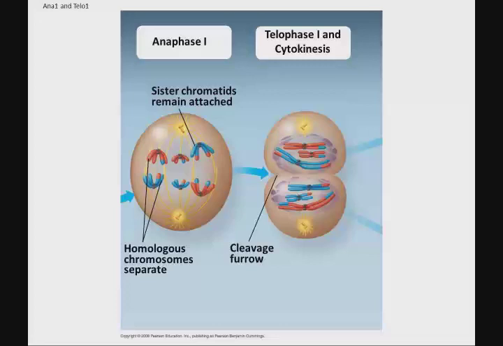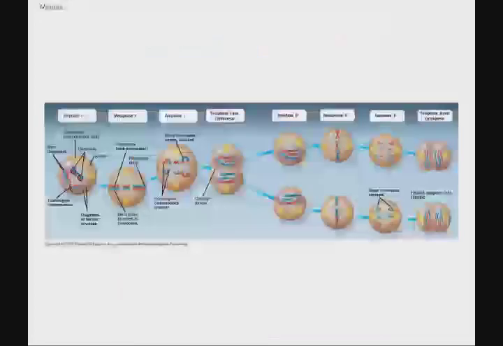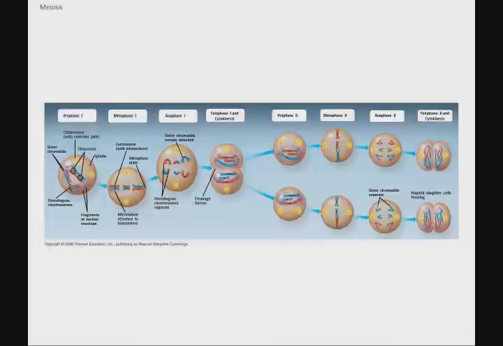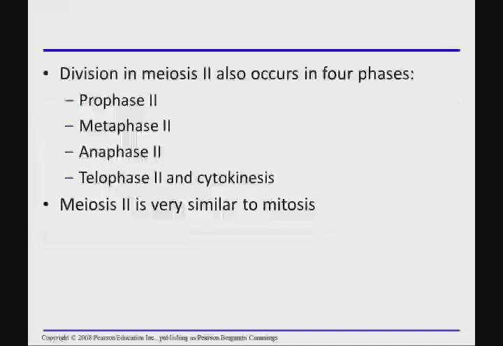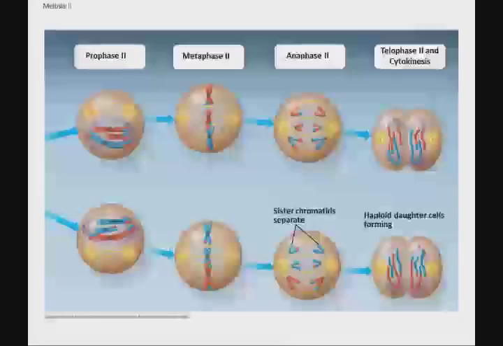Those cells now are going to proceed directly into meiosis 2. So there's going to be no replication of DNA, nothing else going on. We're going to take that cell and we're going to divide it again. And the key to meiosis 2, again breaking down into prophase 2, metaphase 2, anaphase 2, and telophase 2, that Roman numeral indicating that we're in meiosis and in the second division, is basically just like mitosis.